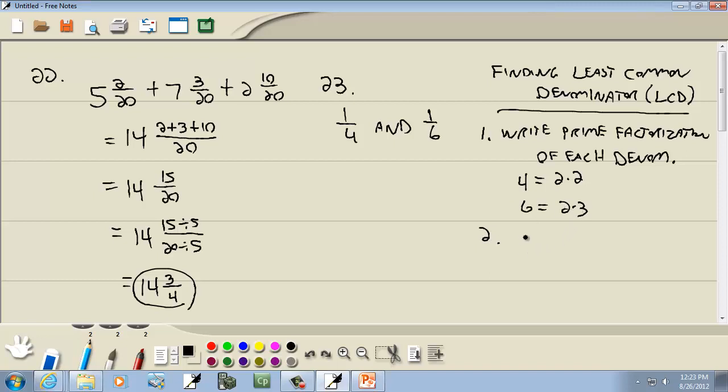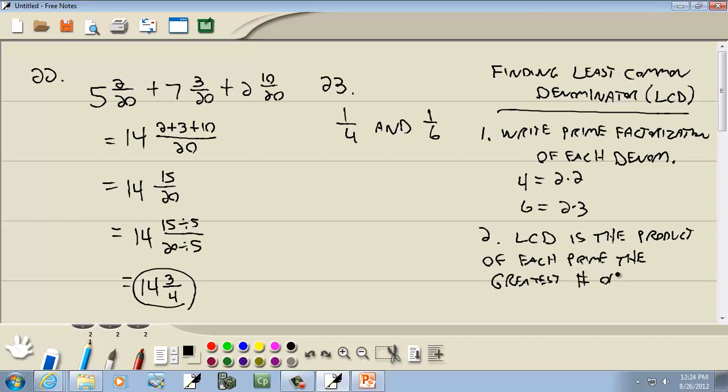Okay. Our LCD is the product of each prime the greatest number of times it appears on a single line.